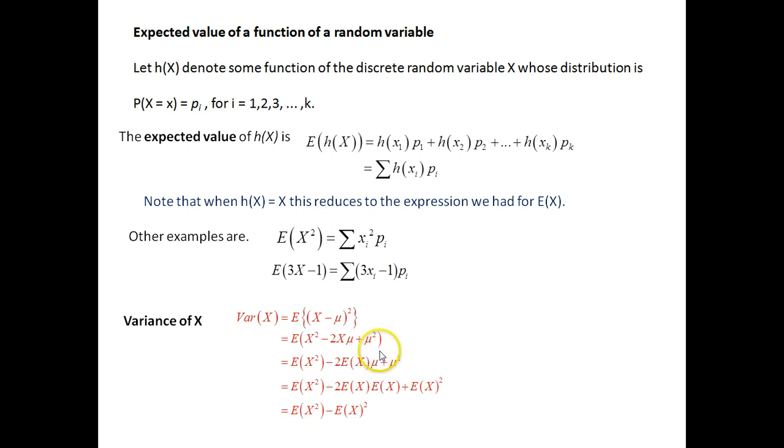Mu is a constant, so it's the expected value of x squared minus twice the expected value of x times the constant mu plus mu squared. But mu is the expected value of x, so I've got minus 2 of the expected value of x all squared plus the expected value of x all squared, which gives us E of x squared minus E of x all squared for the variance. So the variance is worked out that way.